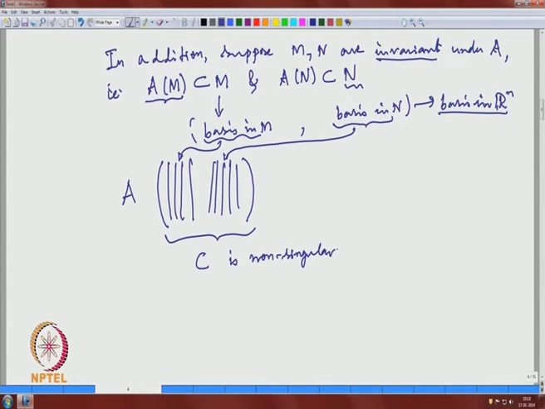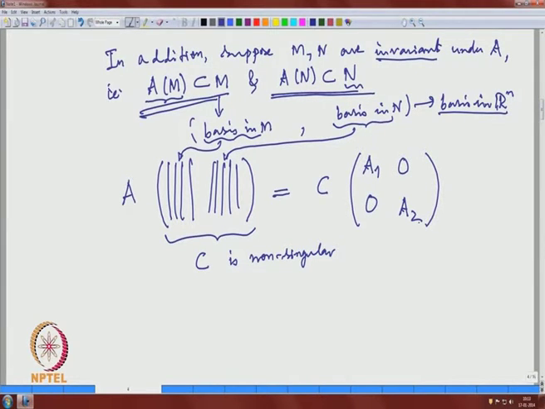And by this assumption that M and N are invariant under A, you can easily check that C inverse A C is block diagonal with A1, A2.